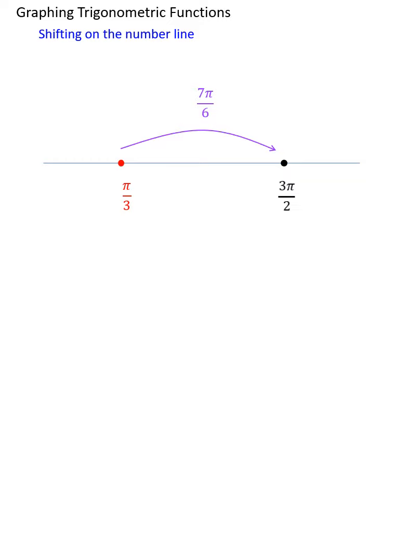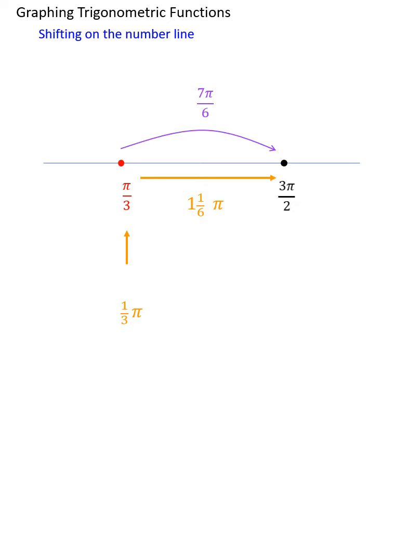Now, it is possible, if you think a certain way, if your brain functions in a certain manner with fractions, it's possible for you to do this without the formal algebra. Not everybody likes it or wants to do this, but you might find this as a shortcut. Watch and see if you think this way. This number here is the equivalent to 1/3 of pi. I'm shifting 7 pi over 6 to the right, which is the same as 1 1/6.